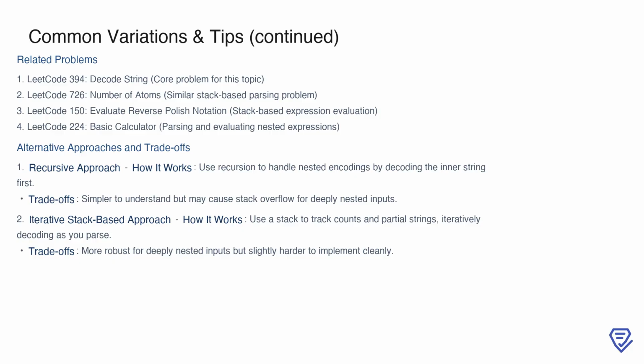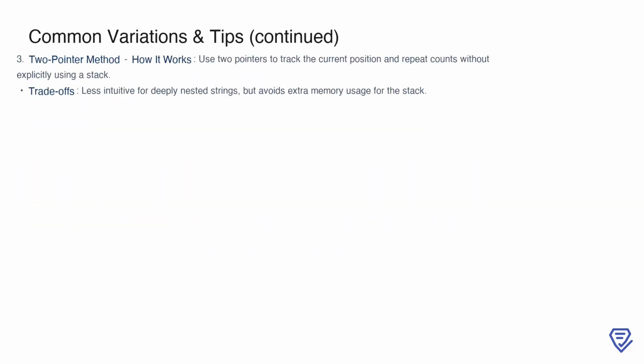Another alternative is the two-pointer method, which tracks the current position and repeat counts without explicitly using a stack. This technique involves using two pointers to parse the string while keeping track of the repeat counts directly. The main advantage of this method is that it avoids the extra memory usage required by a stack, making it more space efficient.